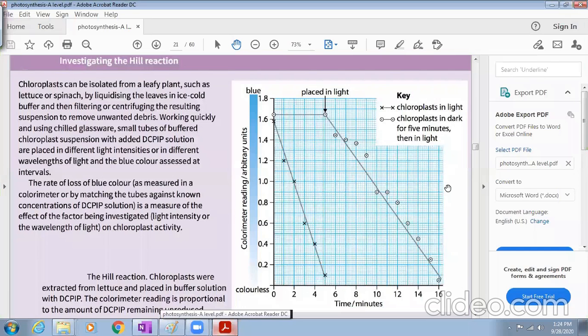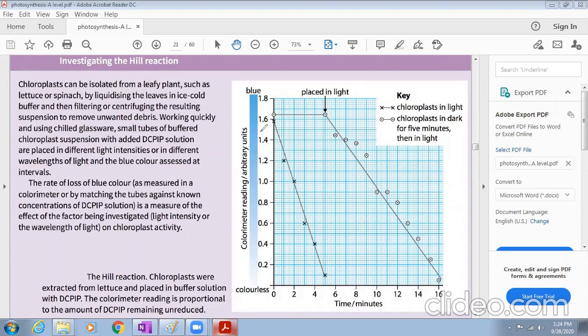All right, boys. Investigating the Hill reaction, if you check the graph, through this graph we can find through which wavelength of light or light intensity chloroplast activity is more.